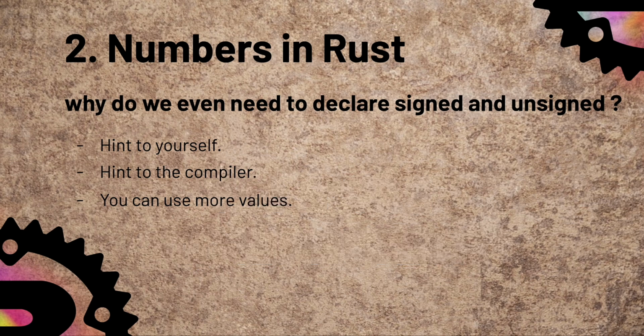So it is the same number of values, but the values themselves can be larger if you use an unsigned integer. Those are the big three reasons why you need to declare signed and unsigned integers.